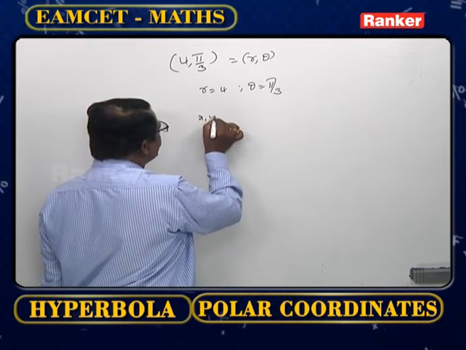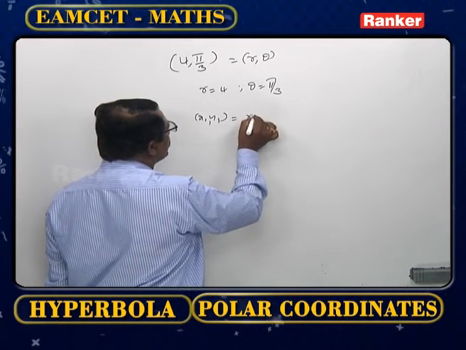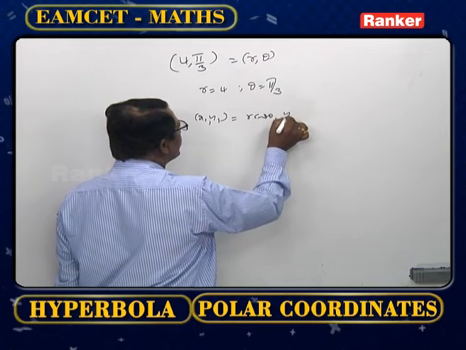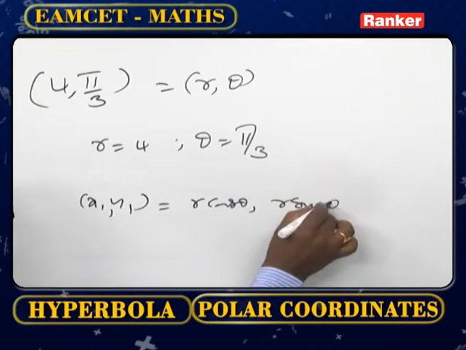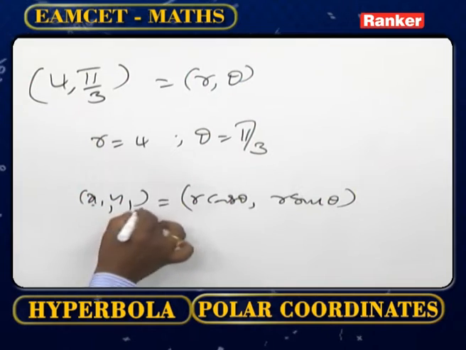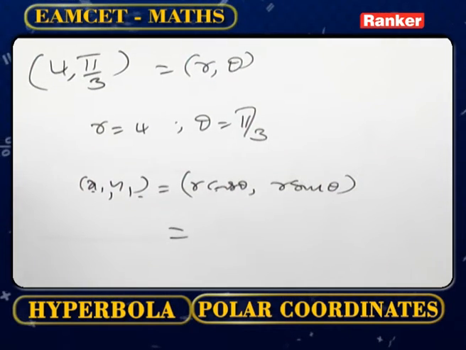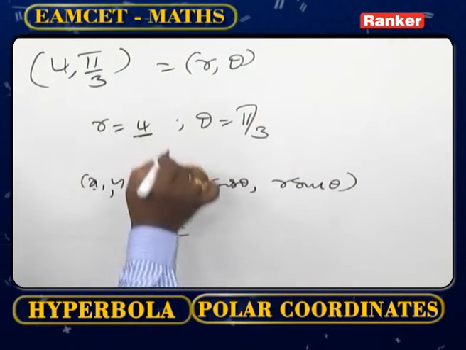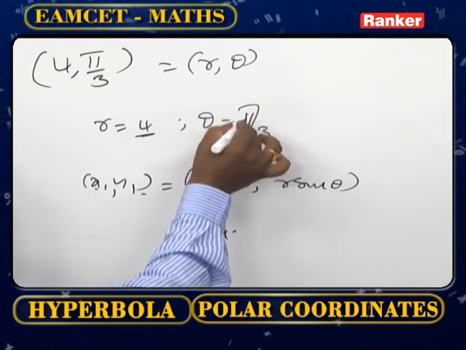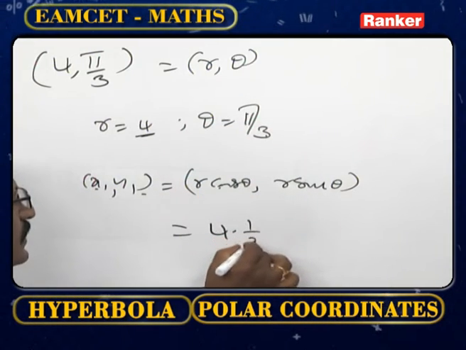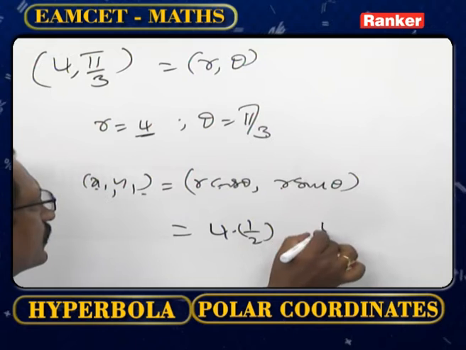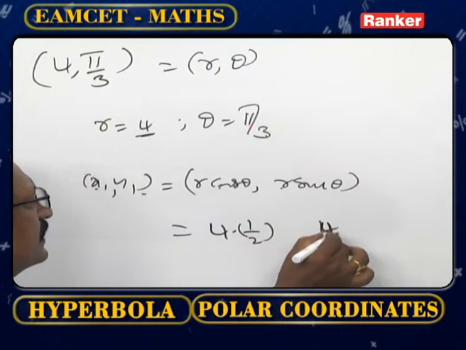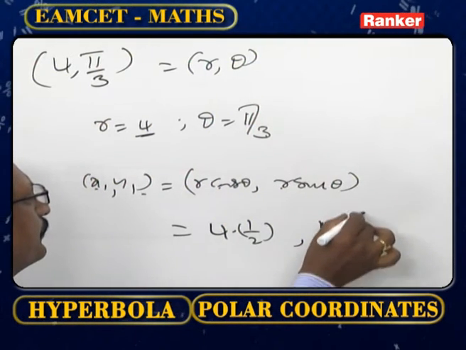Now x1 equals r cos theta, y1 equals r sin theta. Here the value of r equals 4, into cos 60 degrees, which is 1 by 2, and r equals 4, sin theta equals sin 60, which equals root 3 by 2.